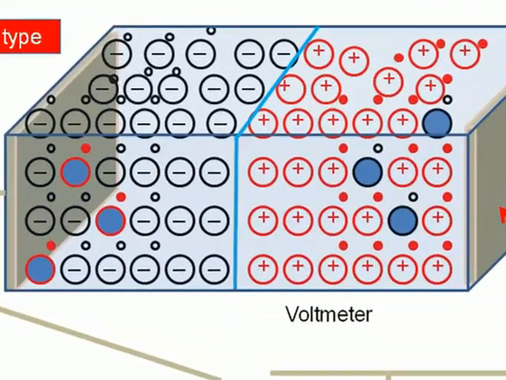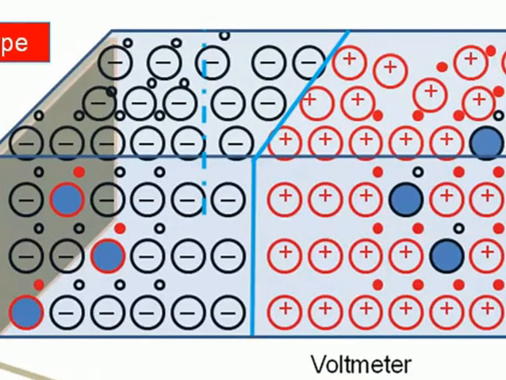But what happens when you connect it? Suppose this is your depletion region without any biasing. Right, now we are considering reverse biasing. So this was the depletion region. What happens when we apply the reverse biasing? You know that the depletion region increases here, right?